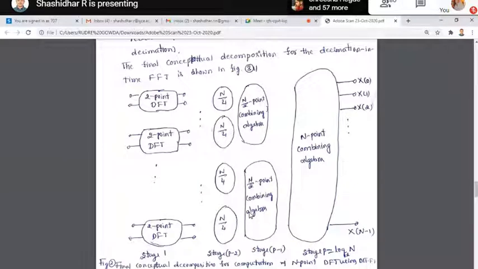In this figure we show the conceptual decompositions for computation of the N-point DFT using DIT FFT. And the second one is stage p minus 2.